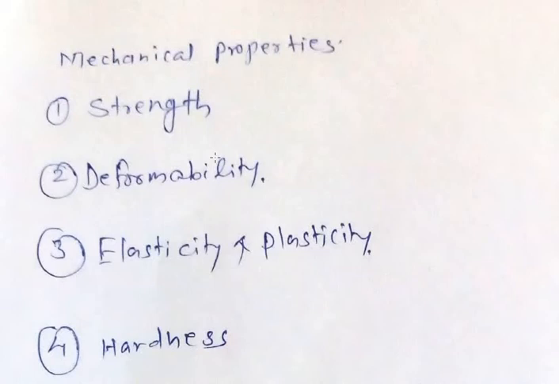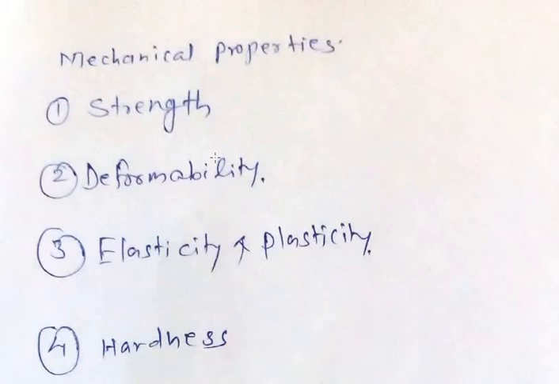First rock, that is an igneous volcanic basic rock, basalt, and its unconfined compressive strength is 1500 to 3000.